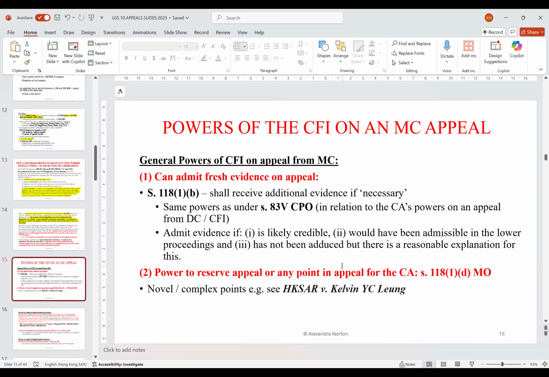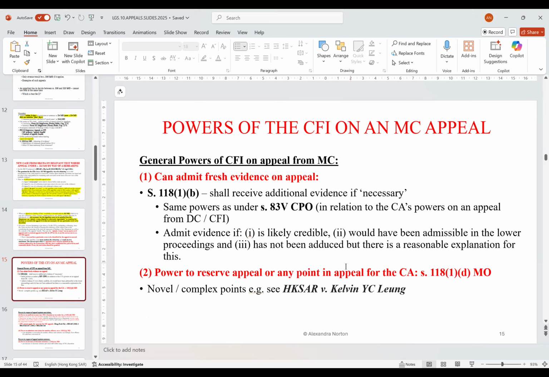What else can the CFI judge do when he's conducting or listening to an appeal from the magistrate's court? So I've said he can introduce fresh evidence on appeal, and all the section says is just if necessary. But the test is: is this fresh evidence likely to be credible? Would it have been admissible in the court below? And it wasn't admitted, but there's a reasonable explanation for this.